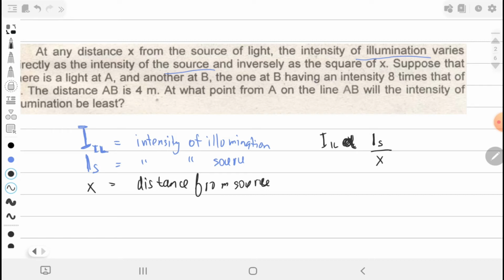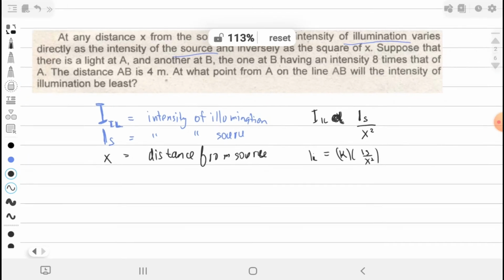Okay? X squared, I should say. So therefore, IL is equal to, so we need a constant here, K multiplied by IS all over X squared.